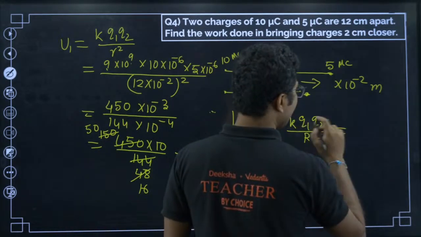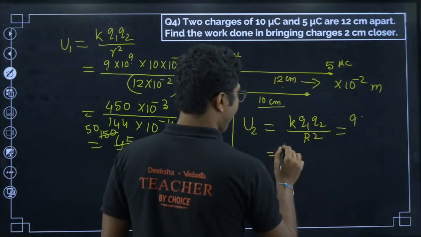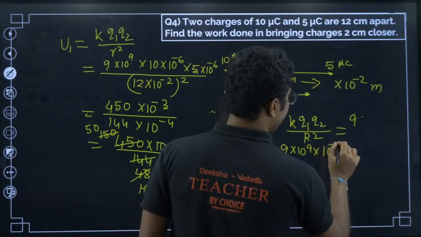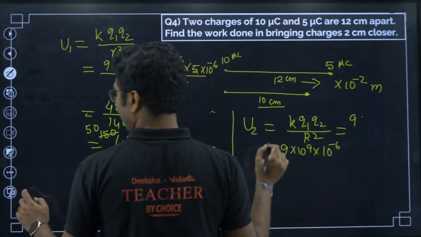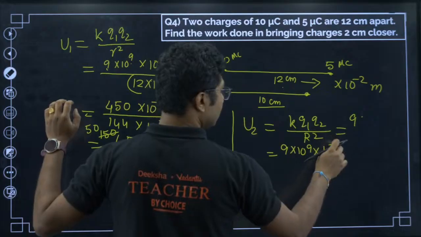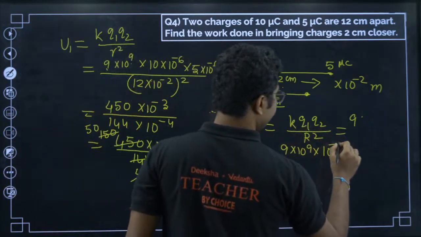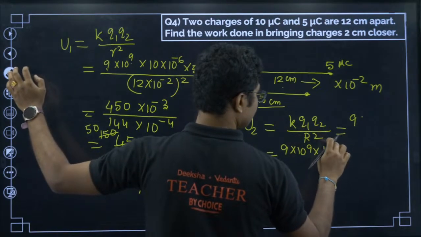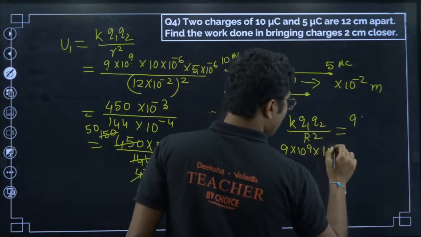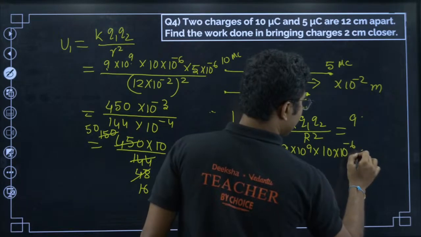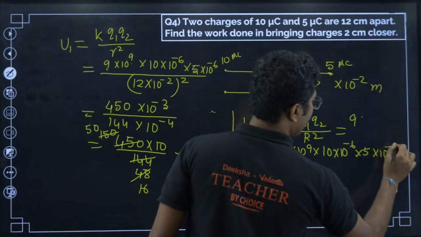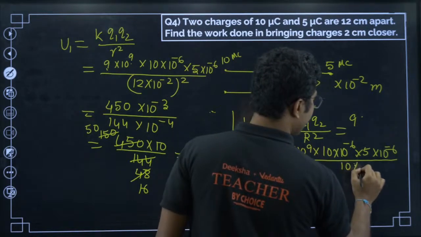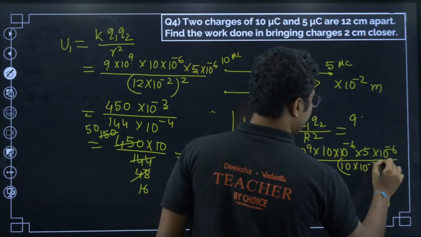So, let us put that value: 9 into 10 to the power of 9 into 10 into 10 to the power of minus 6 into 5 into 10 to the power of minus 6 divided by r square, which is now 10 centimeter, that is 10 into 10 to the power of minus 2 whole square.